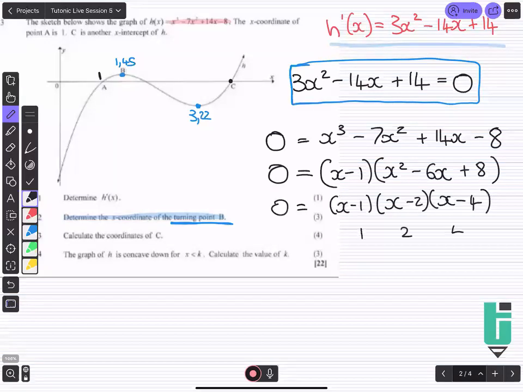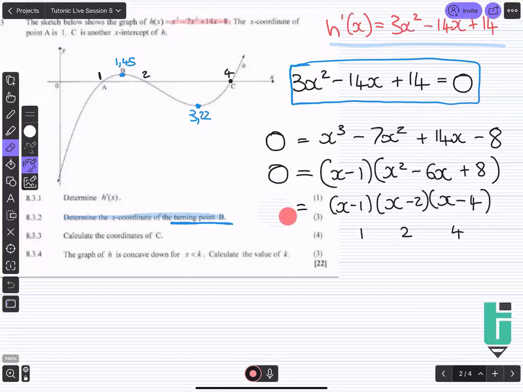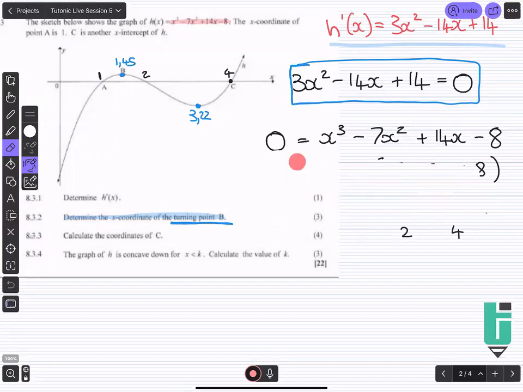Yes. So therefore it's 1, 2, and 4. For those of you watching this video, all I did was apply the concept video on finding the x-intercept of a cubic function. So there's nothing new here. It's all stuff that we've covered in previous live sessions, concept videos and bank videos.